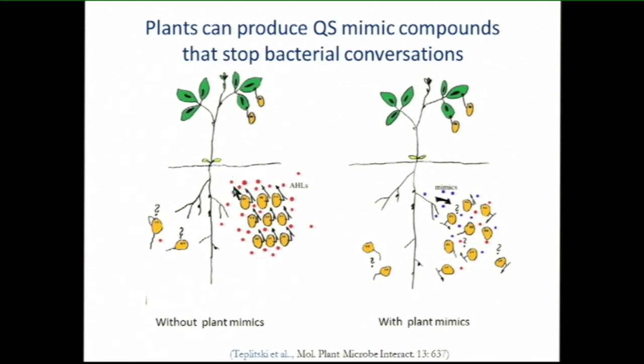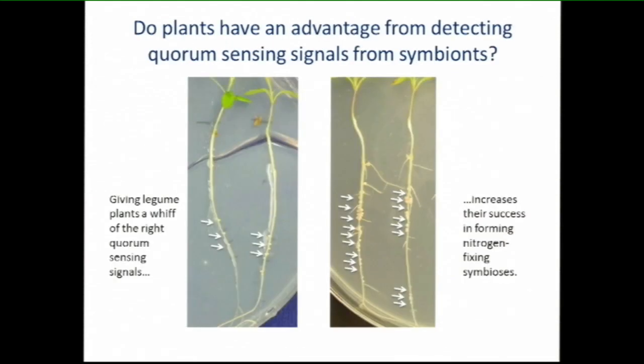So there could be a group of bacteria building up around the plant. They might be plotting some kind of attack by communicating with their communication signals. But the plant can detect these signals and send out mimic signals that could then disturb that communication and basically stop certain behaviors, for example, biofilm formation.